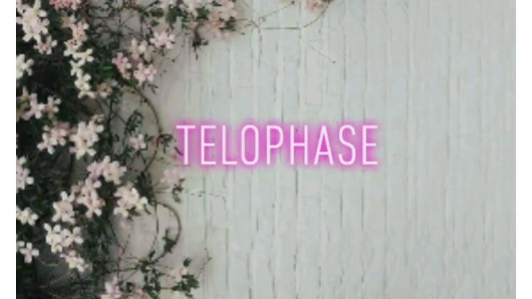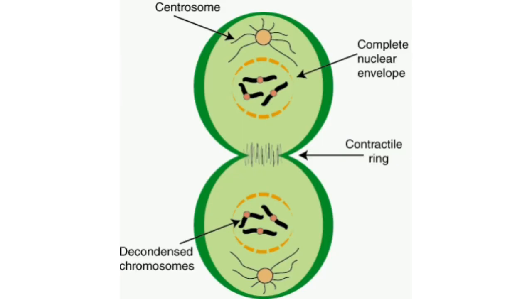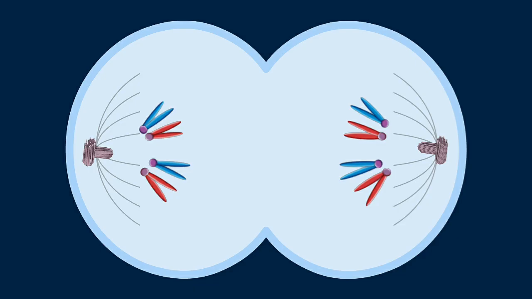Now let us pass on to telophase. Telo means end. Each chromatid or daughter chromosome lengthens, becomes thinner and turns into a network of chromatin threads. Spindle fibers break down and disappear. The nuclear membrane and nucleolus reappear in each daughter nucleus.